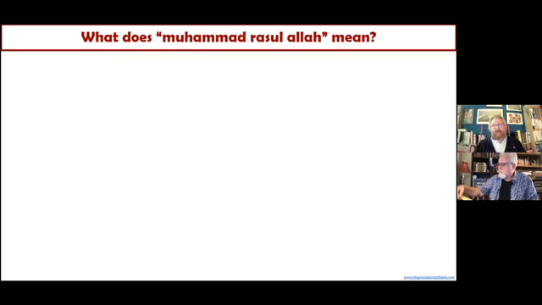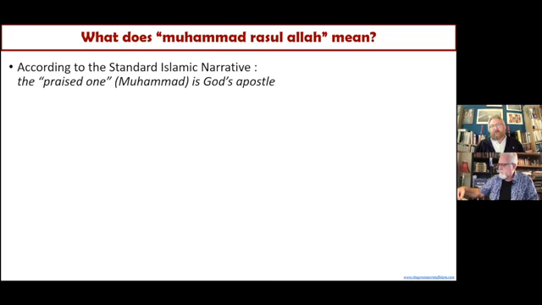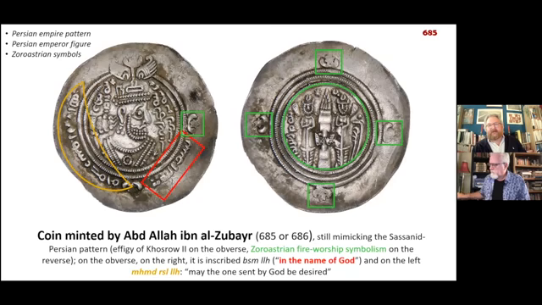I think we have to go back to the Hebrew and Aramaic meaning I told you about, which is the coveted one. According to the standard Islamic narrative, of course, when a Muslim sees such a coin, he would say, this is the most Islamic coin of all because there is the Shahada in it, Muhammad Rasulullah.